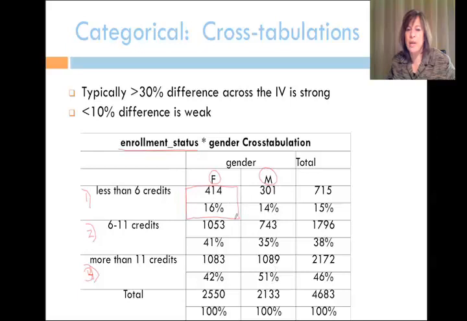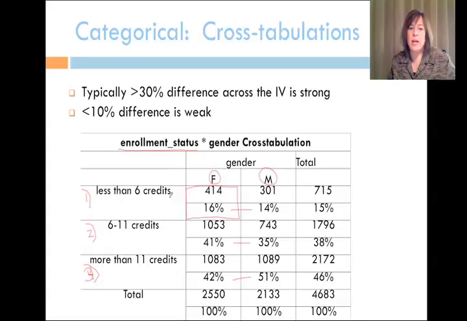And on down. You can see that there's not a very strong relationship between males and females on enrollment status because these percentage differences are all less than 10%. So that's how you can interpret this cross-tabulation.